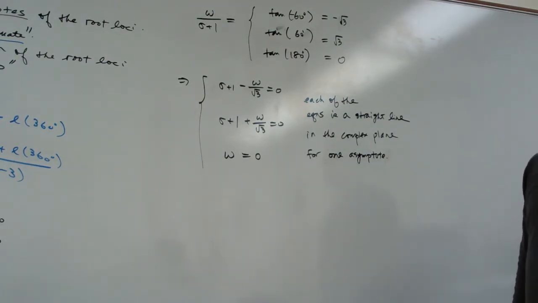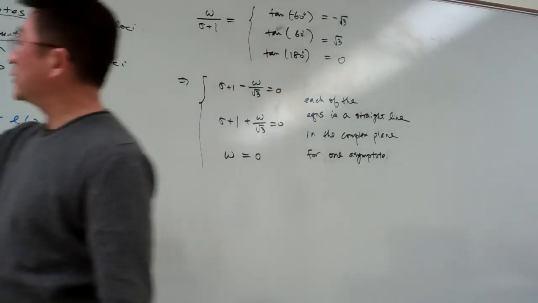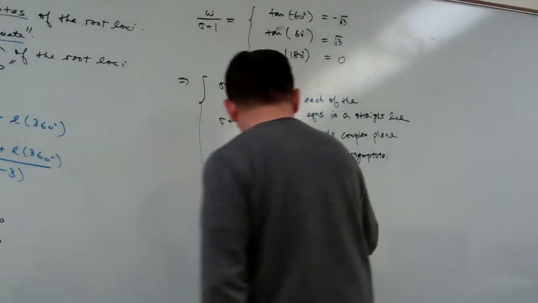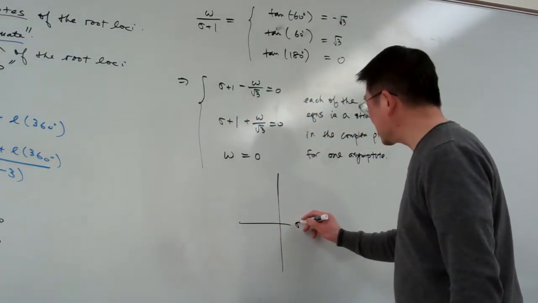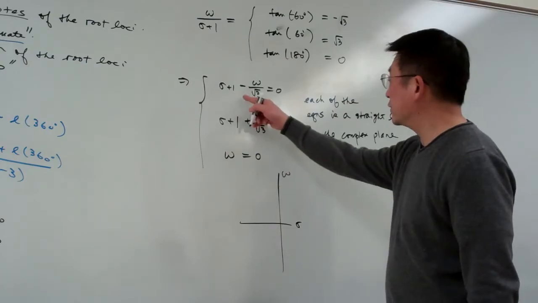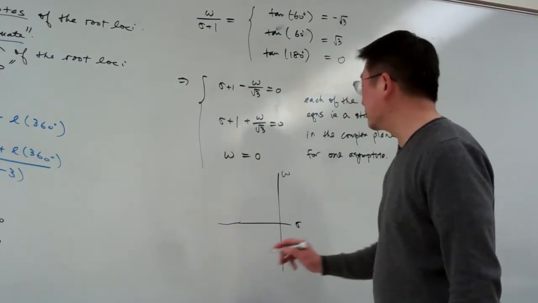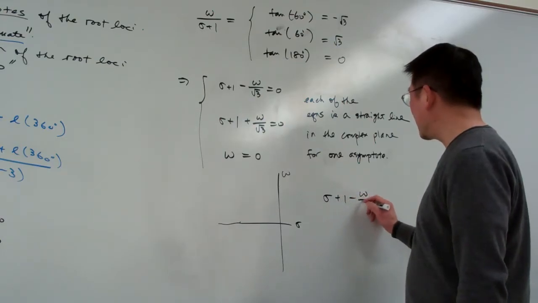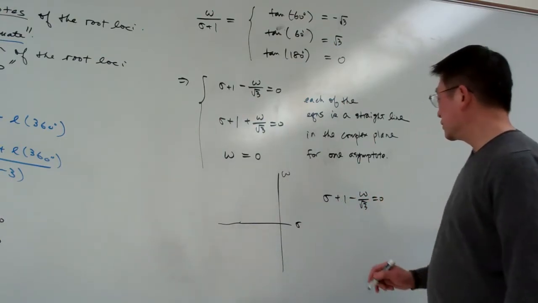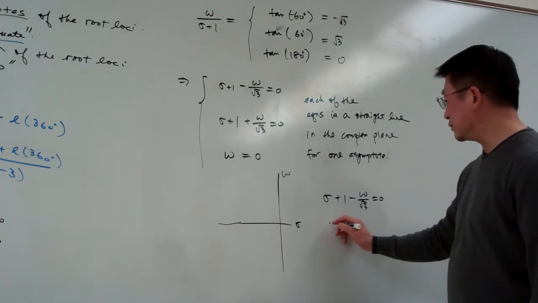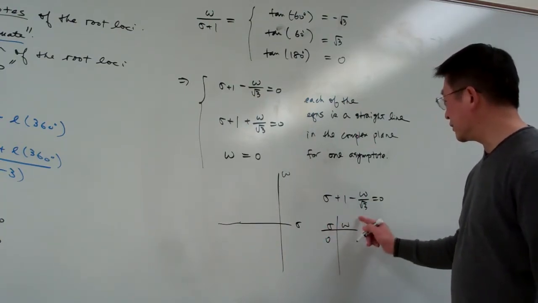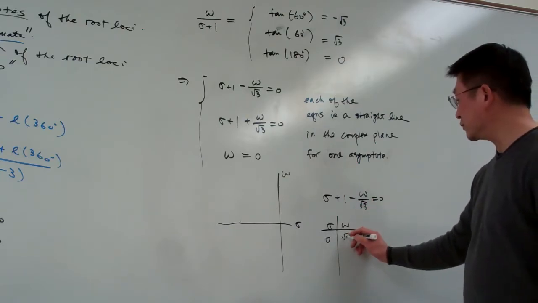Okay, so let me draw it. The real part is sigma, and the imaginary part is omega. So for this case, maybe we can do this one here. So here, this is the sigma omega plane. For the first one, sigma plus 1 minus omega over square root of 3 equal to 0. When sigma equals 0, omega will be equal to square root of 3.